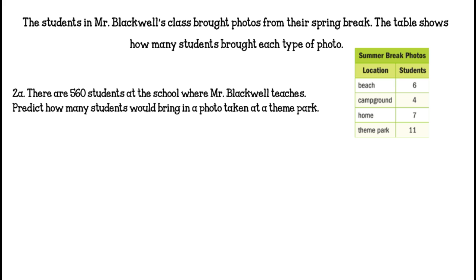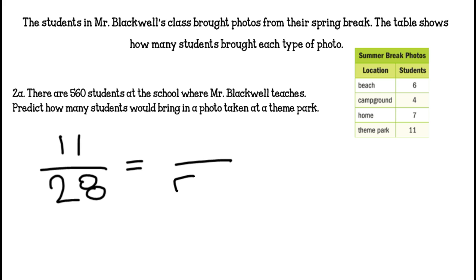Okay, 2A, we're going to get a little trickier here. It says there are 560 students at the school where Mr. Blackwell teaches. Predict how many students would bring in a photo taken at a theme park. Well, we know that the probability of somebody bringing in a picture at a theme park is 11/28. And they want to know out of 560 students, how many of those would bring in a theme park picture.